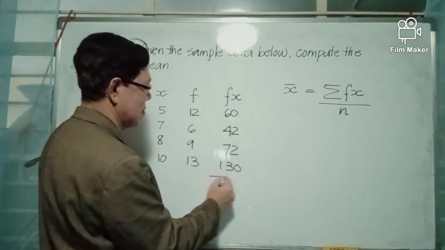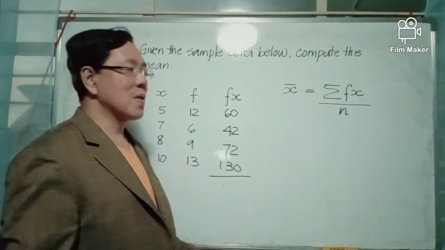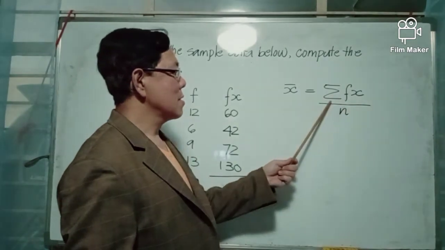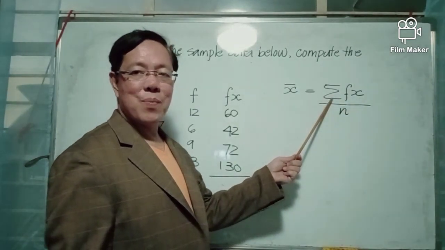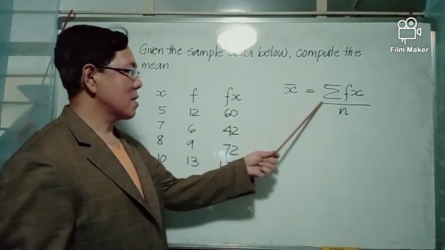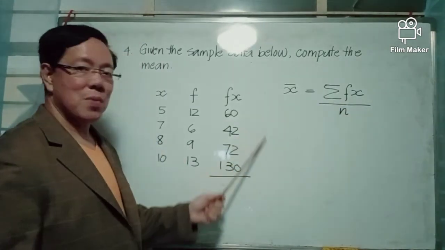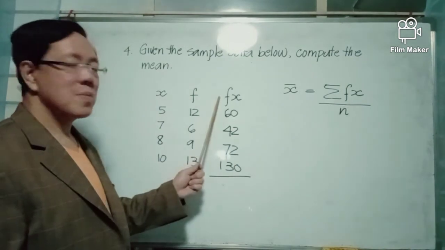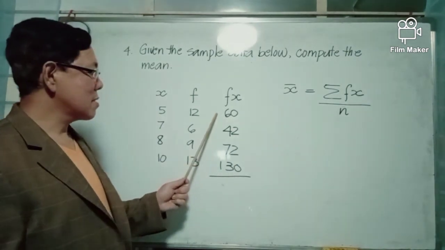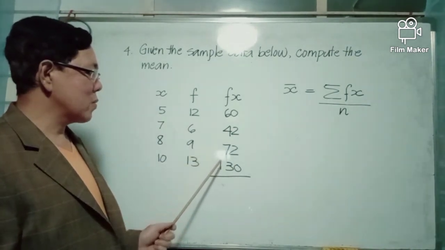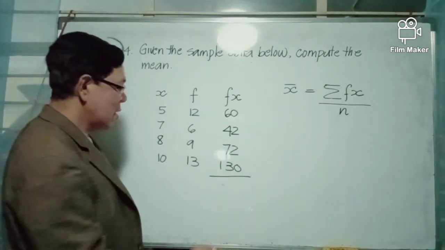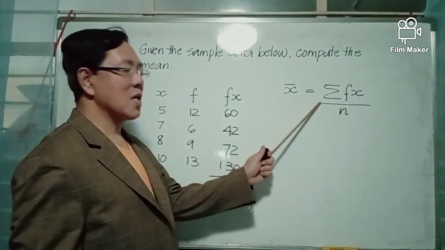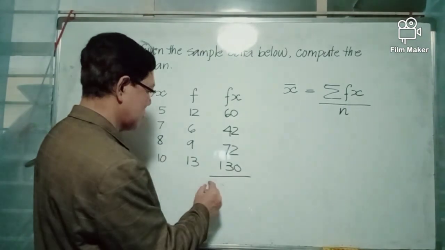After you get the product, fx, you now get the summation of the products. And to get the summation of the products from this table, you add the values in this third column for fx. 60 plus 42 plus 72 plus 130. And we denote that as summation of fx.